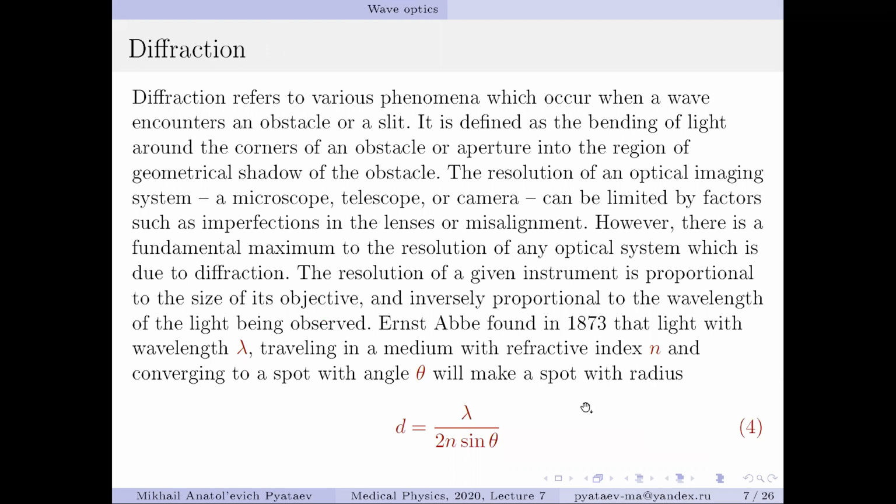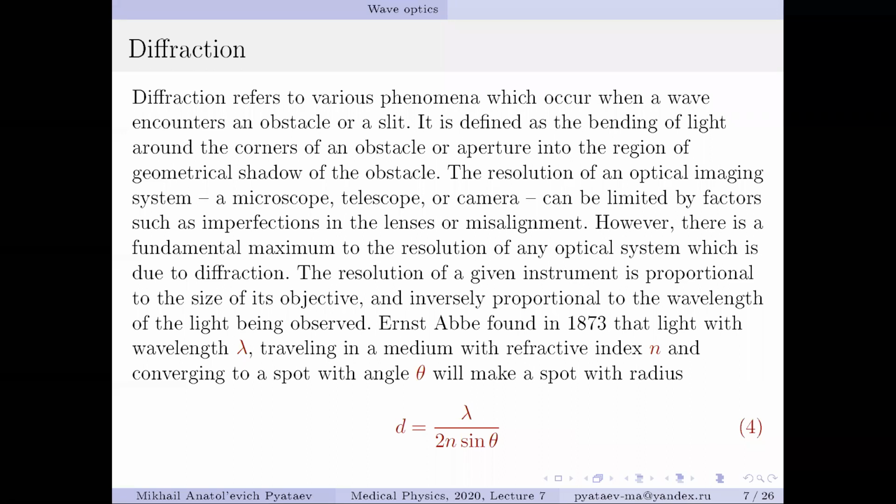And another consequence of this interference is diffraction. Diffraction can be defined as a bending of light around the corners of an obstacle. And this diffraction limits the ability of optical devices. Especially it limits the ability of the microscope.